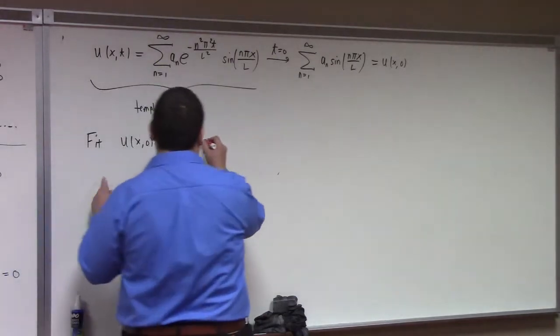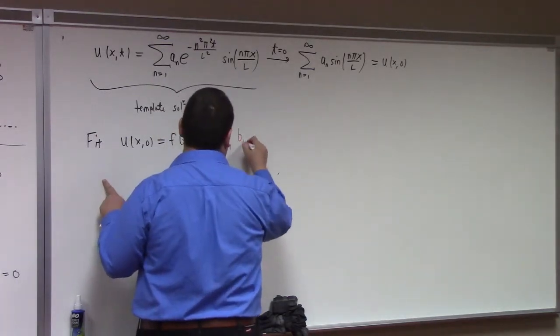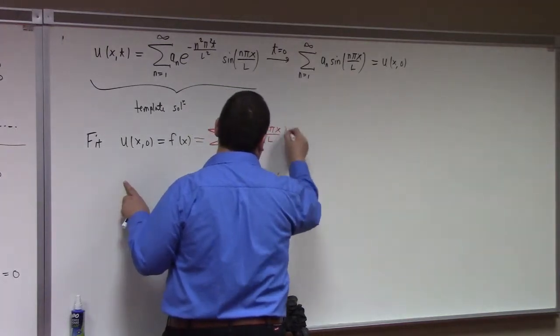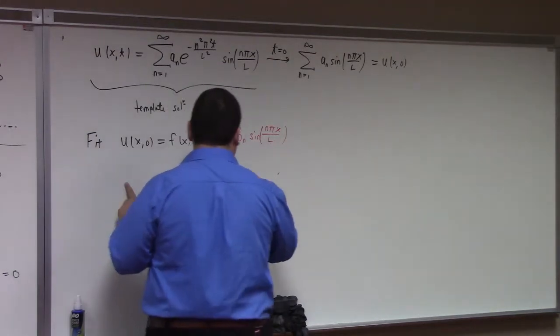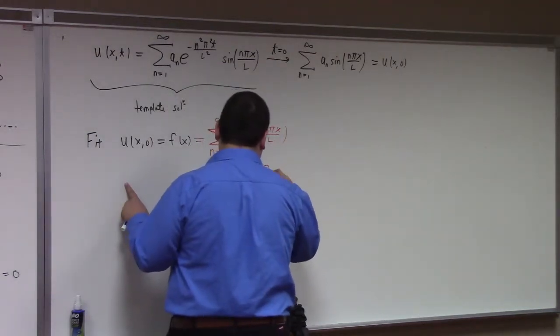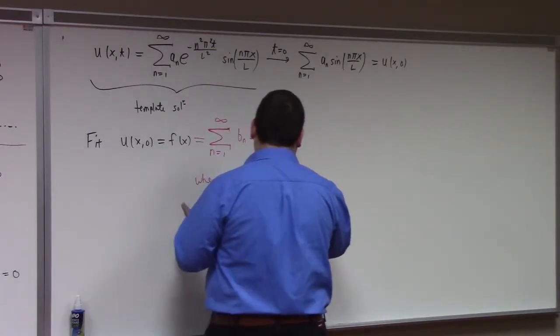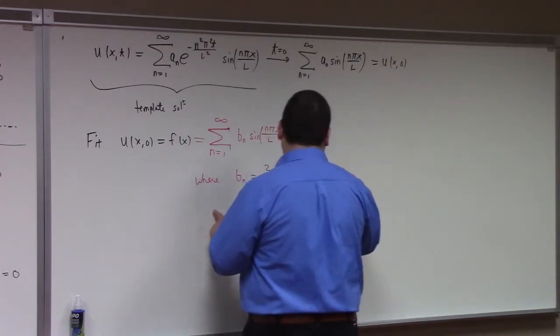You just rewrite f of x as a sum over b sub n sine of n pi x over L, n equals 1 to infinity, where b sub n is equal to 2 over L, the integral from 0 to L, sine of n pi x over L, f of x dx.